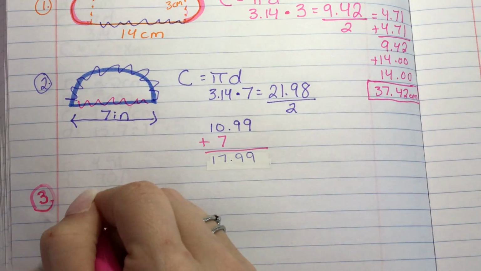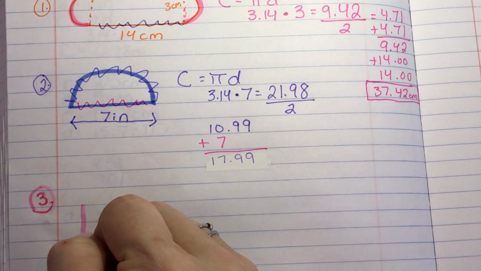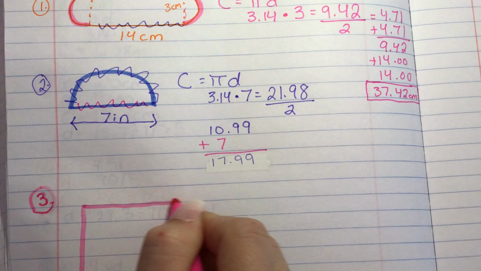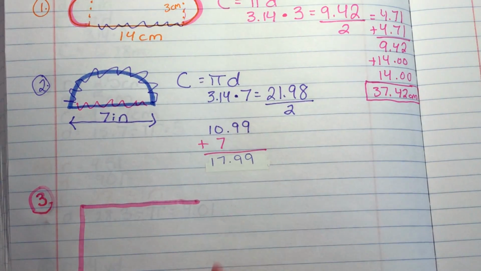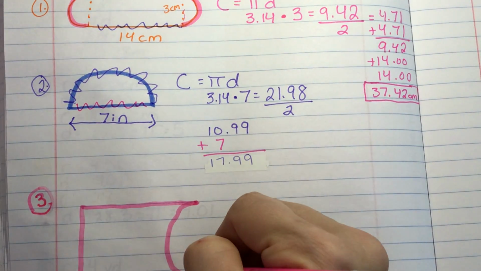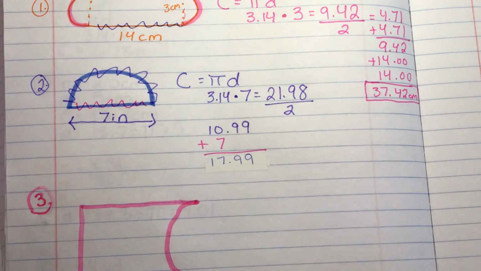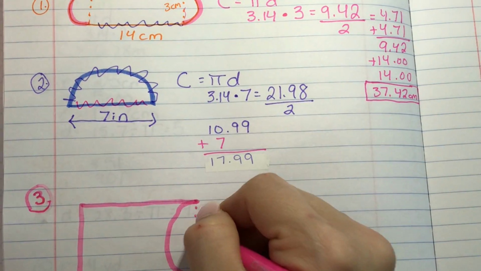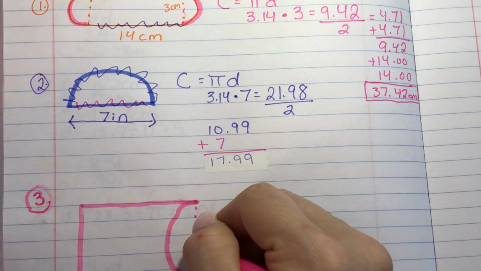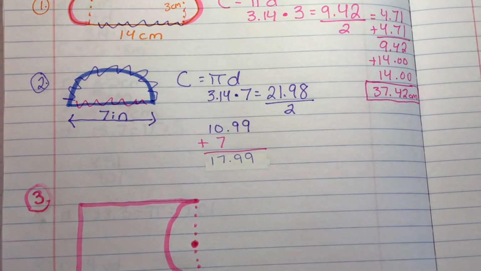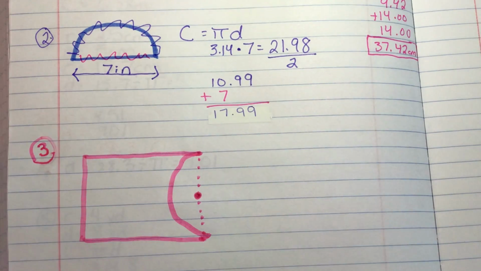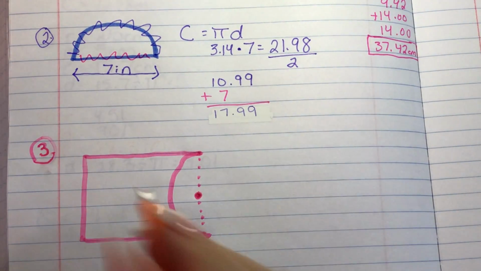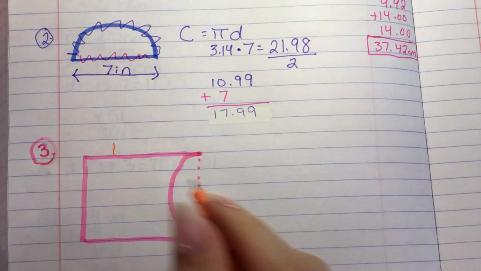All right, so this one. Looks like a Pop-Tart that Kai bit.